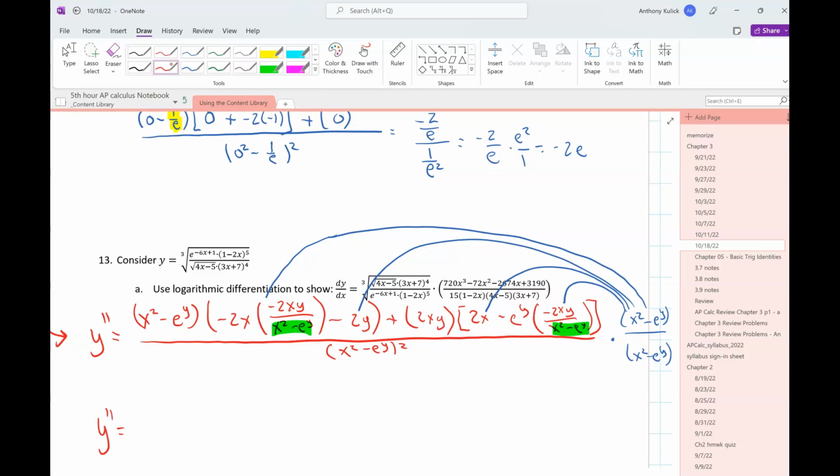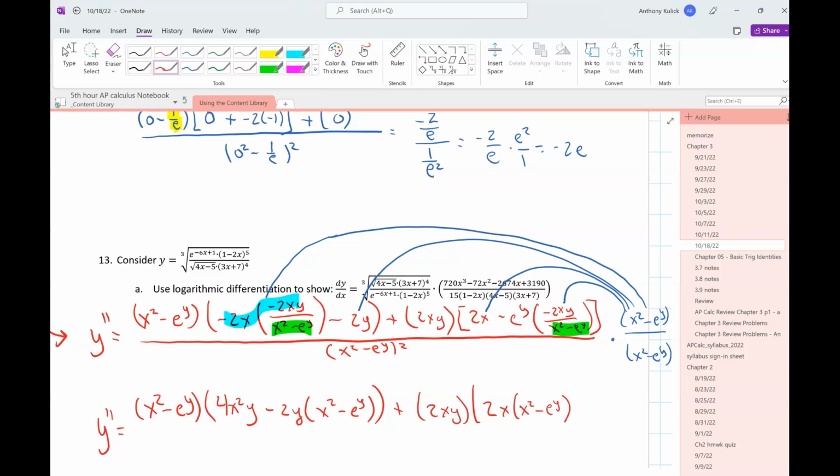So when I do that, this stuff is just going to become 4x squared y. And then I'll have the minus 2y times, and then this stuff is just going to multiply together.